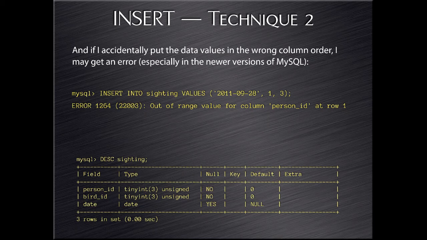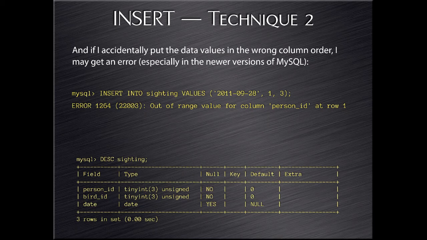Whatever that number is going to come out to be, I have no idea, but it's going to be pretty big. And so what we get is an error message that says that person ID is out of range. So when it converts that string into an integer, it actually creates a number that's bigger than 255, and so I get an out of range error.